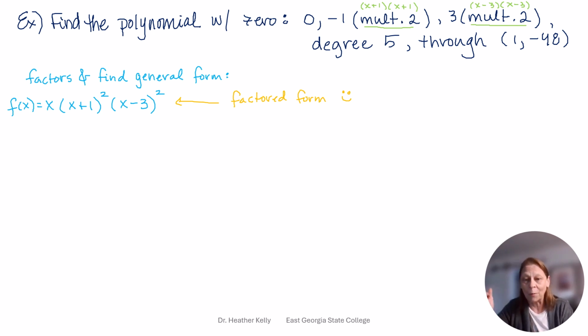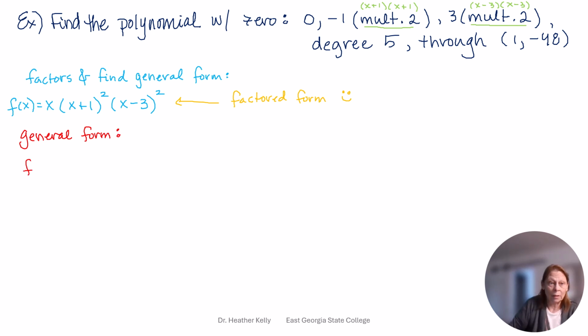Okay, here we go. Back to this. Okay, so these are the factors, and if we were to put it in general form, let me write it in general form.